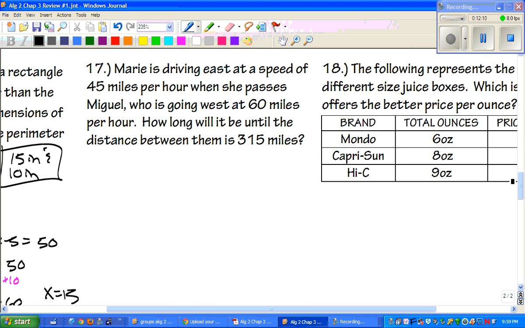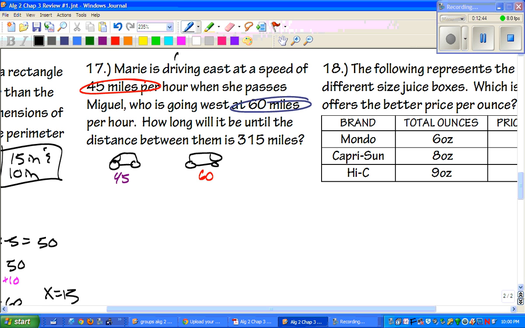All right, Maria is driving east at a speed of 45 miles per hour when she passes Miguel, who is going 60 miles per hour. So here are our two little cars. I know you guys wish you could be a cool artist like me. So one person is going 45 miles per hour, and the other person is going 60.